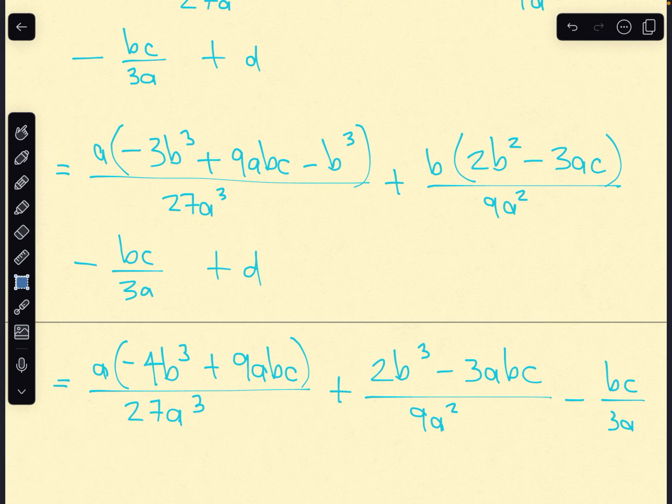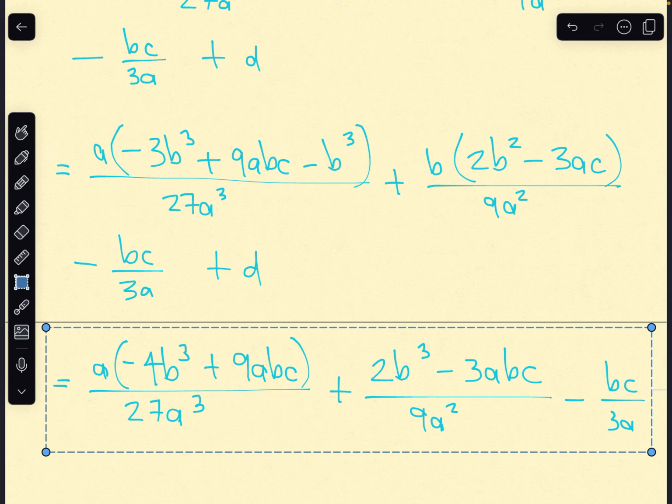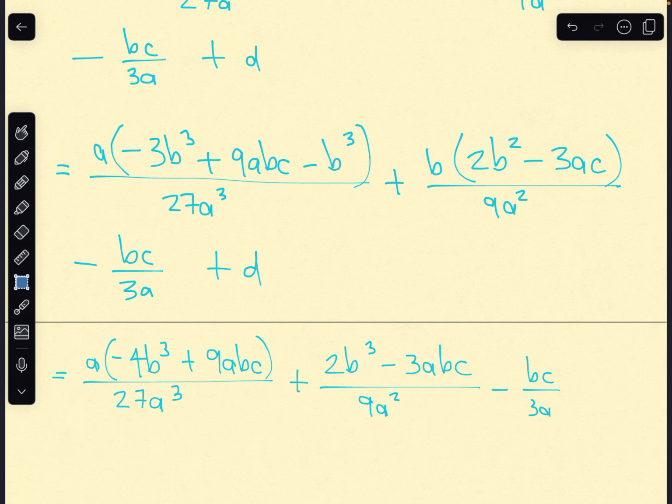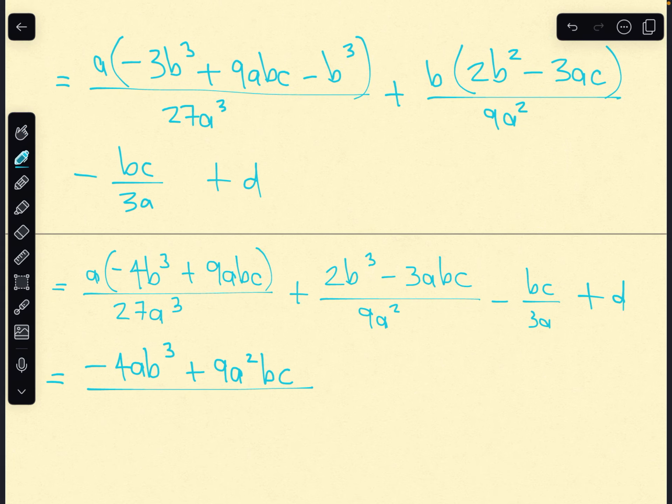I'm just going to shrink you now. I can't be going on two lines all the time. Okay, so now if we multiply this out, we have minus 4ab cubed plus 9a squared bc over 27a cubed.